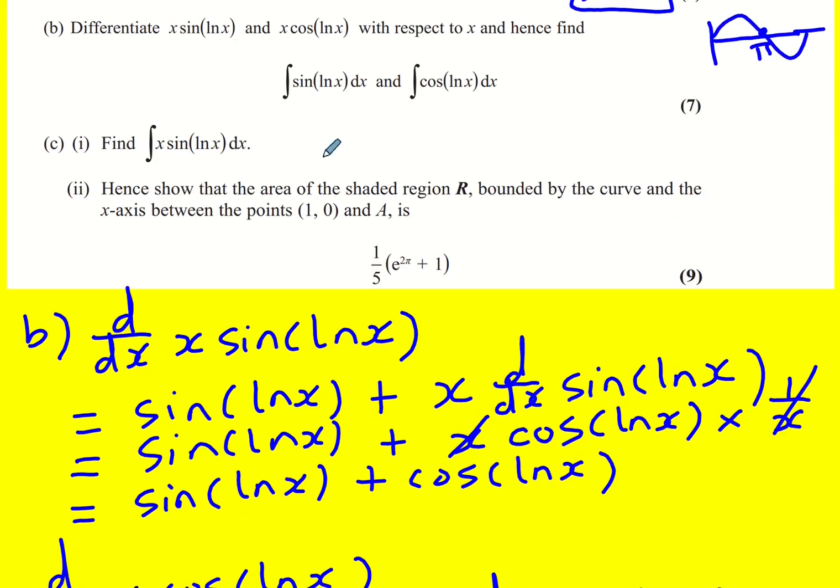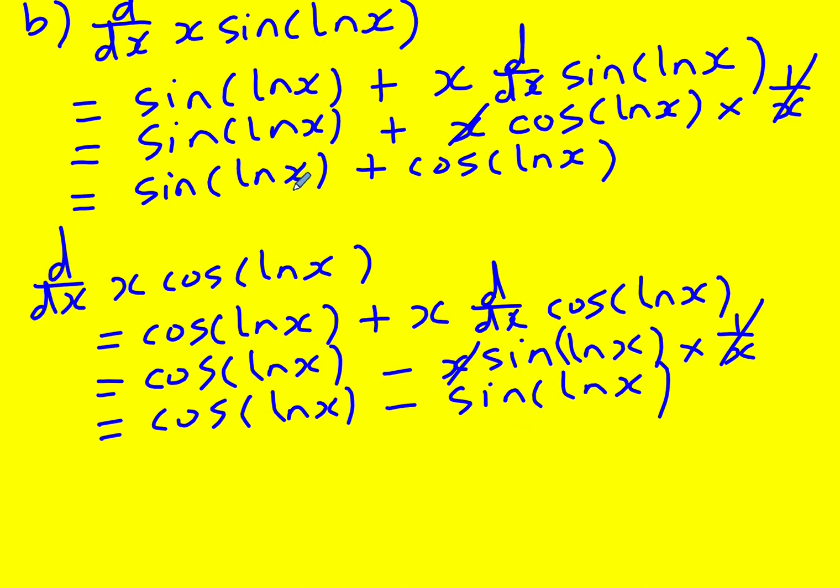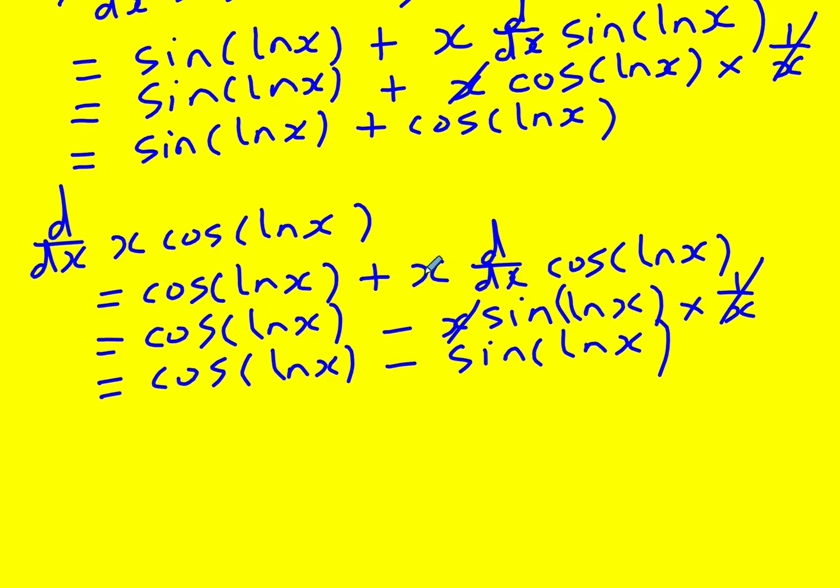Now we're asked to find the integral of sine ln x. But there's something going on here in that we've got the derivative of two things, and we've got sine and cos of ln x, and same again, but here we're minusing. So look what happens if I subtract them.